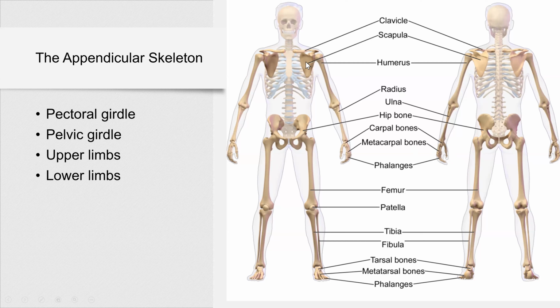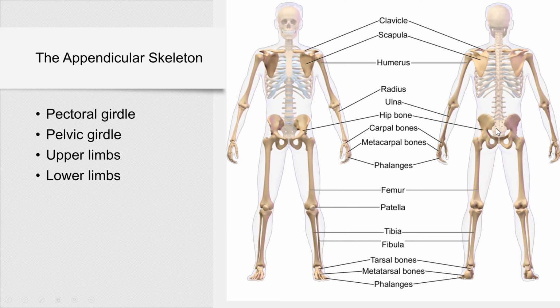So the pectoral girdle is made of two bones, the clavicle, an anterior bone, and the scapula, a posterior bone. Upper limbs are made of the humerus, the proximal bone, and two distal bones, radius and ulna. Then we have carpal, metacarpal bones, and phalanges.